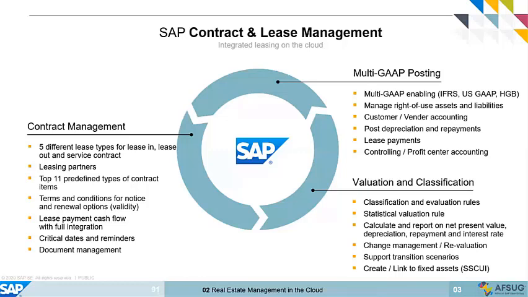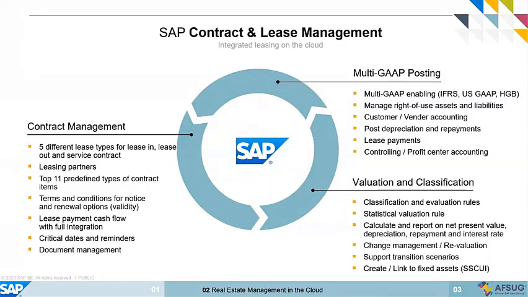You can enter terms and conditions for notice or renewal options, assign contract objects, assign contract conditions and critical dates, reminders for those dates, and you can adjust your conditions and so on going forward. So what contract management gives you is visibility and control and flexibility.